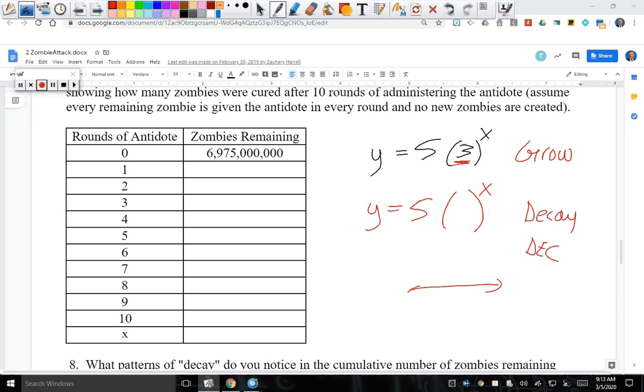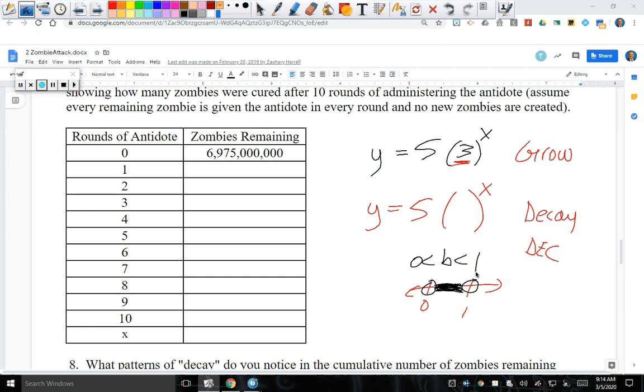So a number that is between 0 and 1, guys, can it be 1? Nope. Can it be 0? Nope, because it would zero everything out. There wouldn't be any. So it has to be a number in between 0 and 1 to decay.